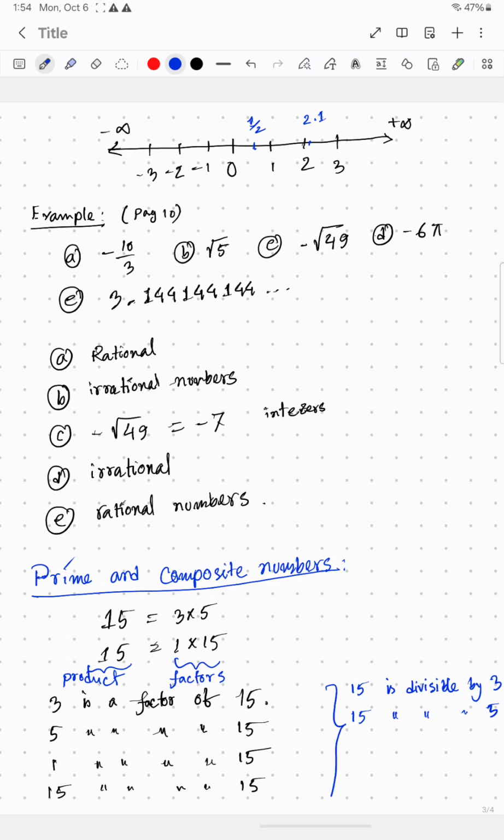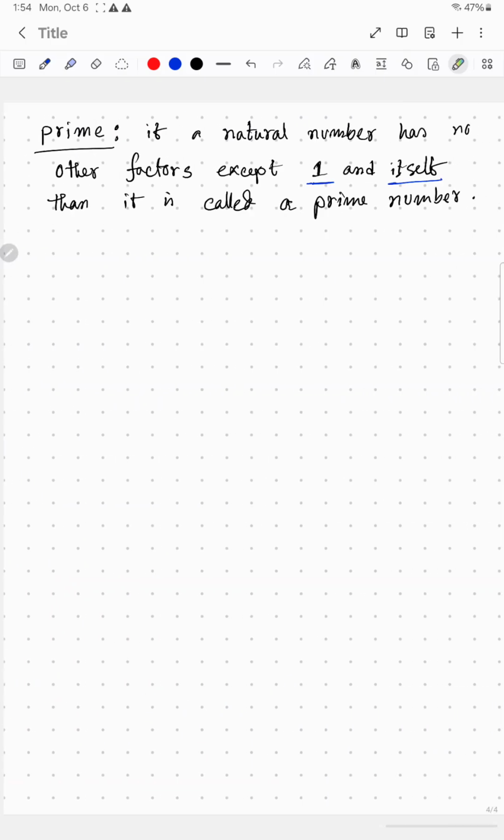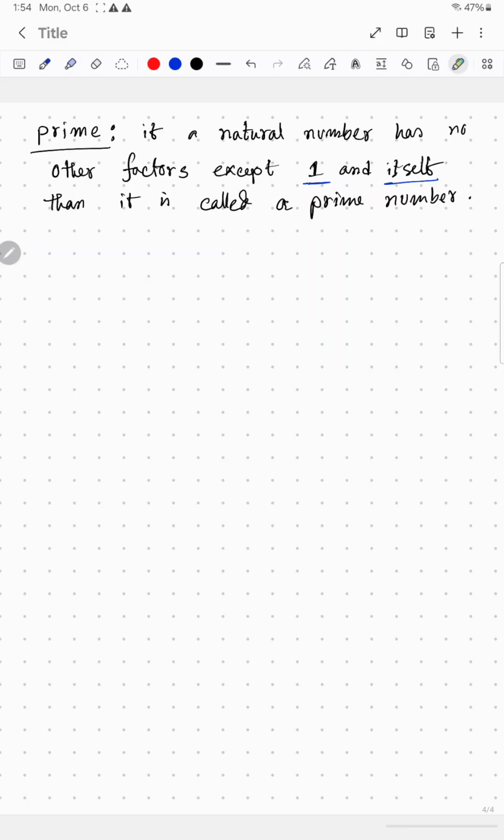Okay, now my question to you guys, is 15 a prime number? Does 15 have only these 2 factors? No, the answer is no. 15 has 3 and 5. Okay, so 15 is not a prime number. It is called a composite number.